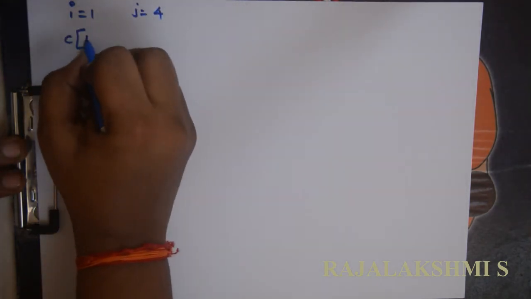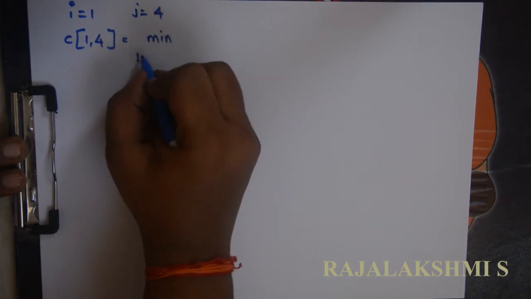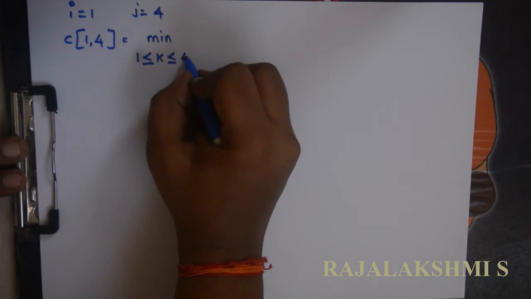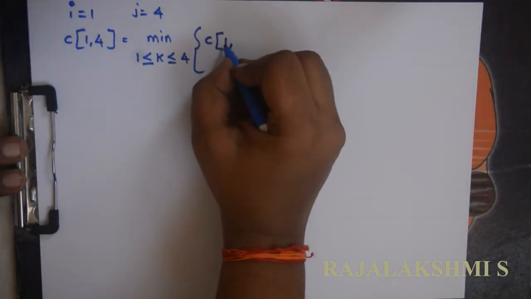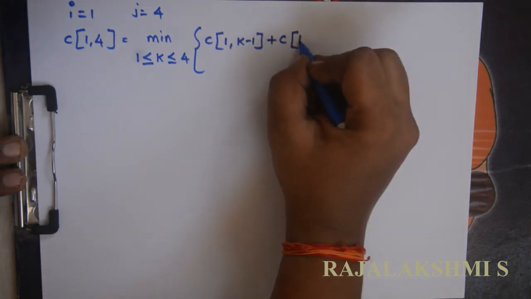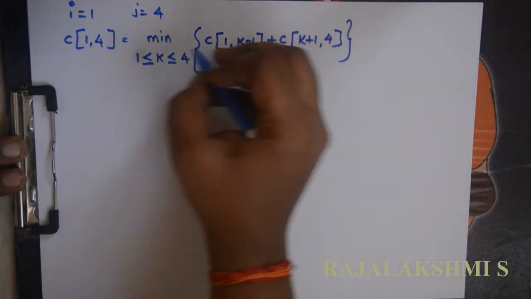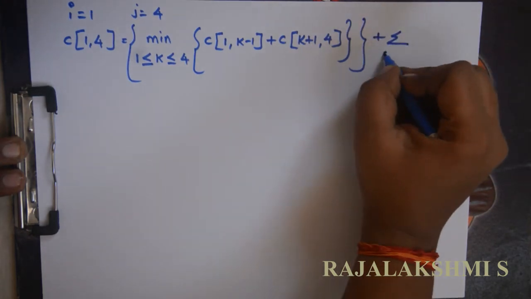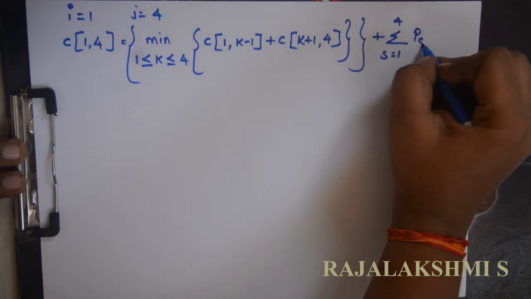So C of 1 comma 4 is equal to minimum over 1 less than or equal to k less than or equal to 4 of C of i comma k minus 1 plus C of k plus 1 comma j, which is 4, plus summation s equal to 1 to 4 of ps, right?